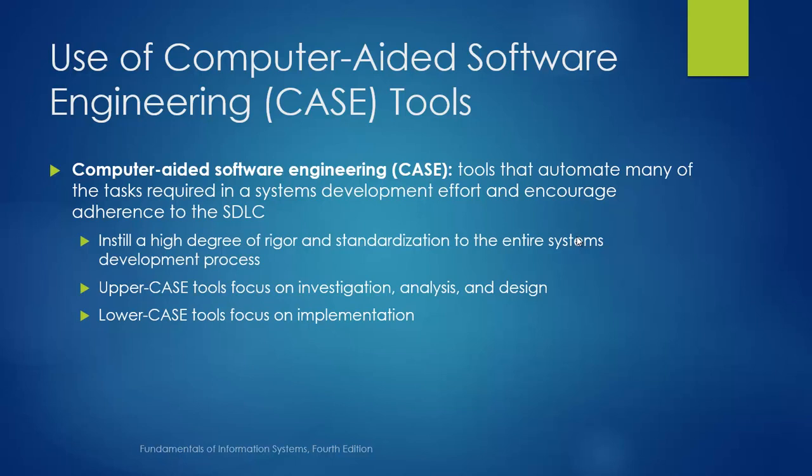The lowercase tools are designed for the back end of the system development life cycle and are used for detailed systems design, system implementation, and system support. The most common lowercase tools are the code generators, but others include compilers and test support tools.